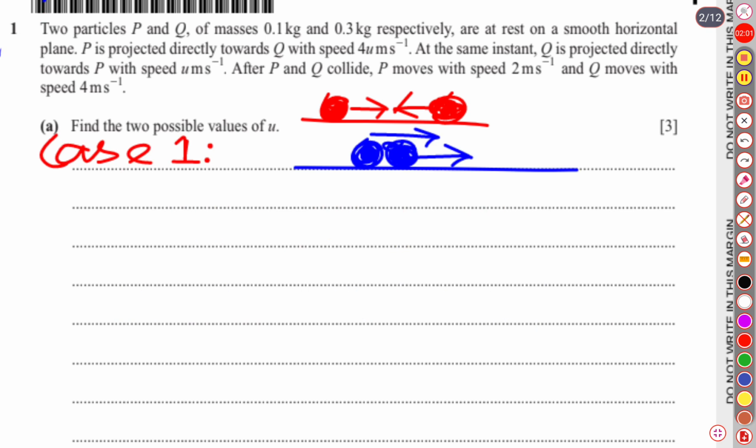This is the first case. It may happen that after collision, both the particles are moving in the same direction. That means both of them will be positive, either positive or negative, whatever.